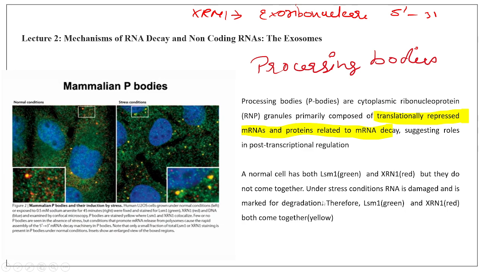Now what happens under stress condition? RNA is damaged and it is marked for degradation. So LSM1 and XRN1 both come together. You see, in normal conditions, there are not many yellow colored cells. Yellow means both LSM1 and XRN1 are together.